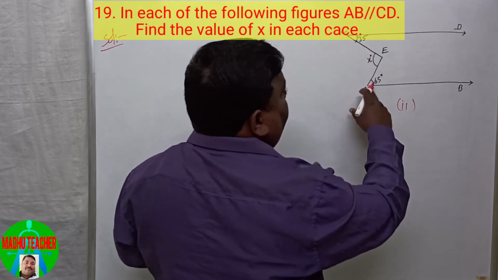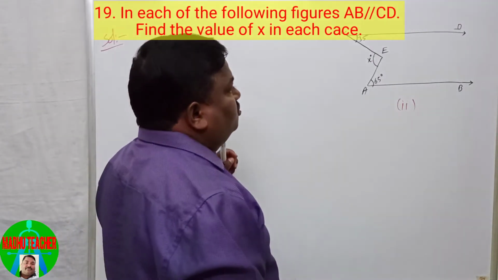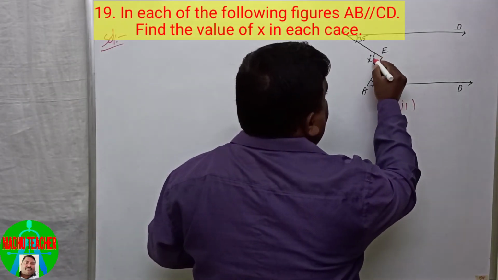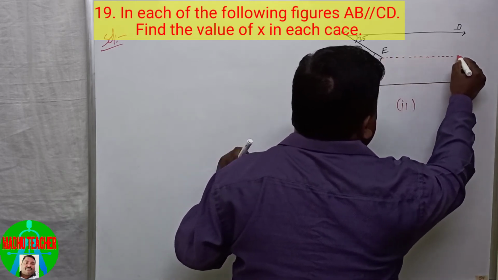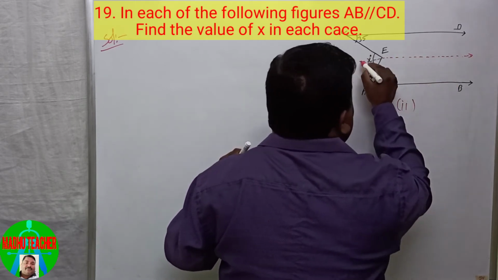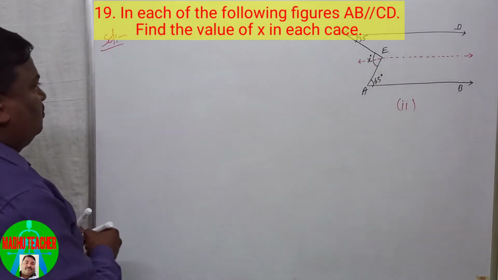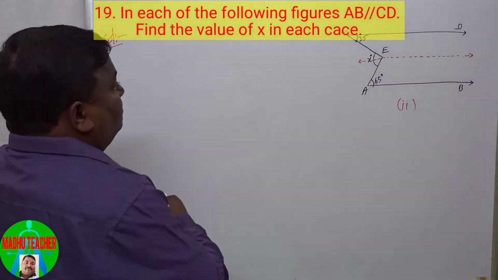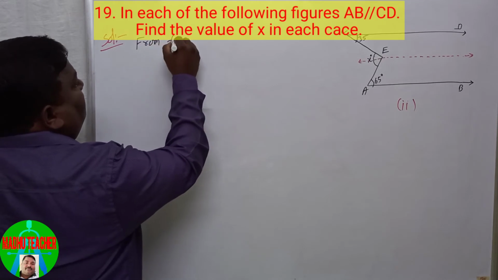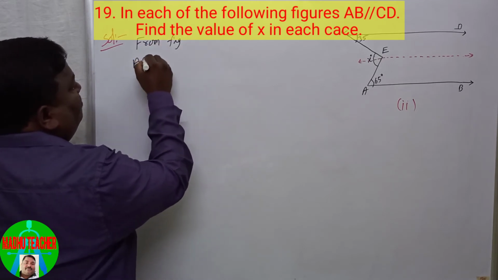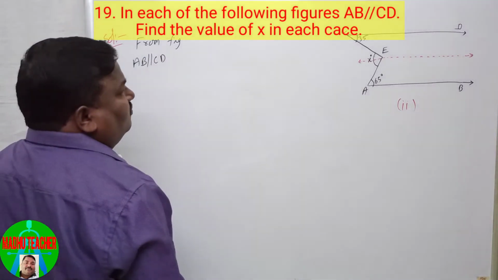In this figure also AB is parallel to CD, then find the value of x. To find x, again I am drawing a line through E which is parallel to AB and CD. So first I am writing what is given from the figure: AB parallel to CD. Next we have some values.